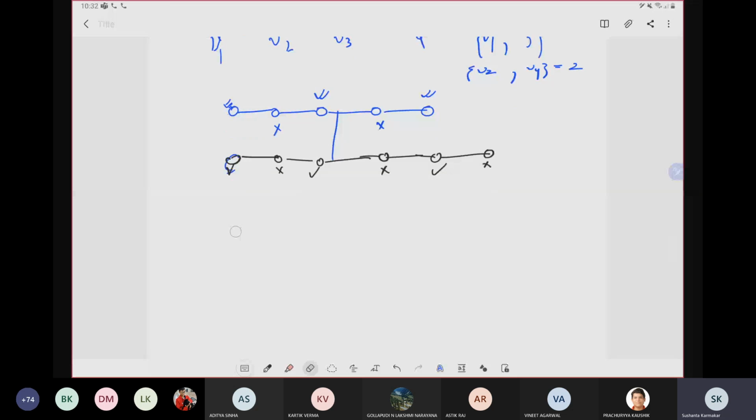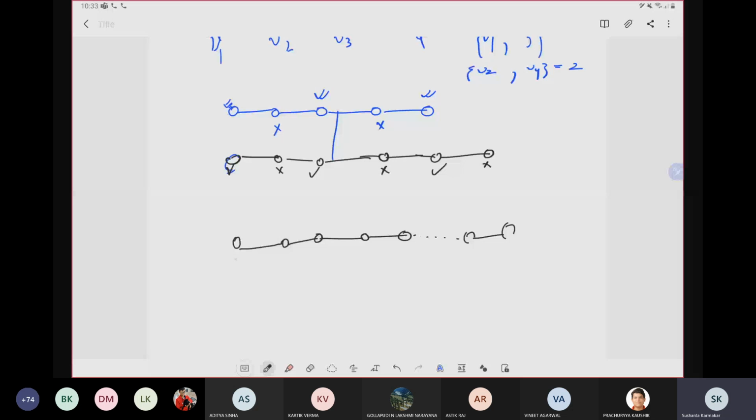Let's say I have n such vertices v1, v2, v3, up to vn, and not only that, for every vi I have an associated wi.